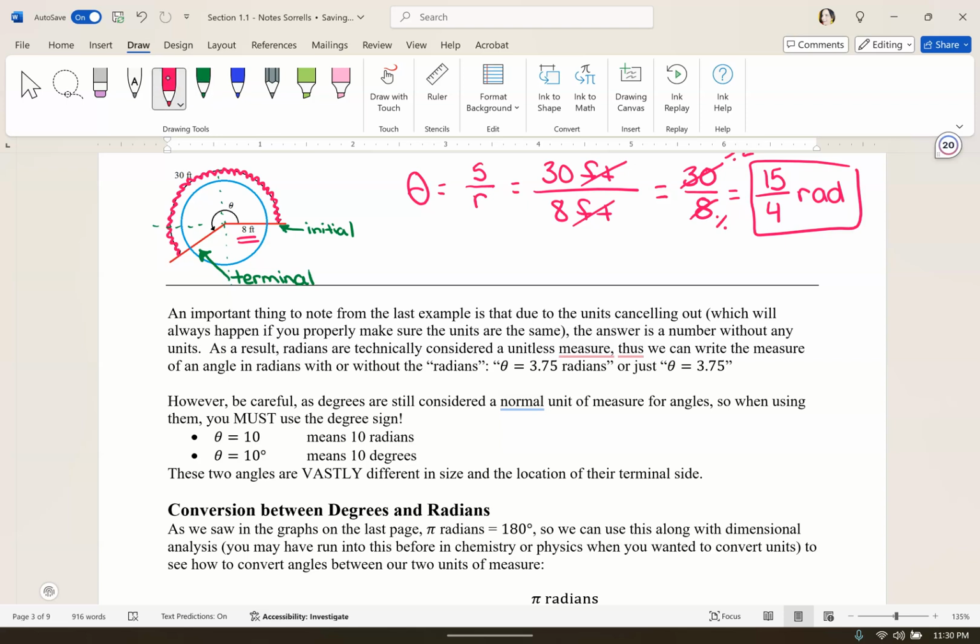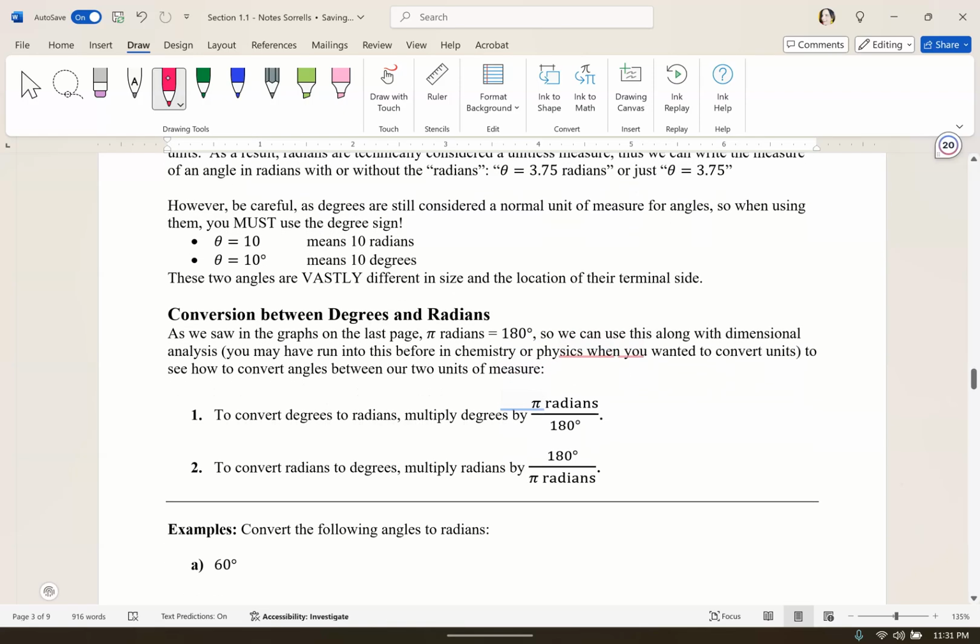Okay, so next thing we're going to do is practice a conversion between degrees and radians. We just learned that 360 degrees equaled 2 pi radians.